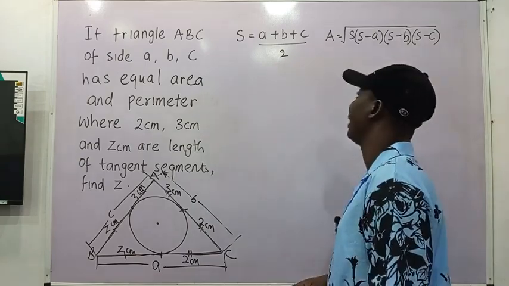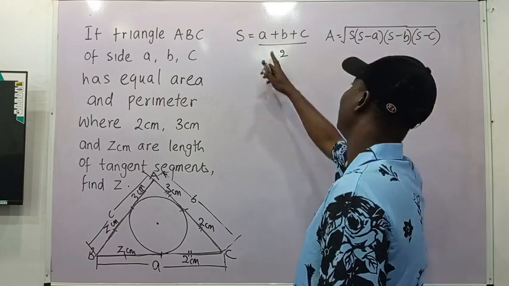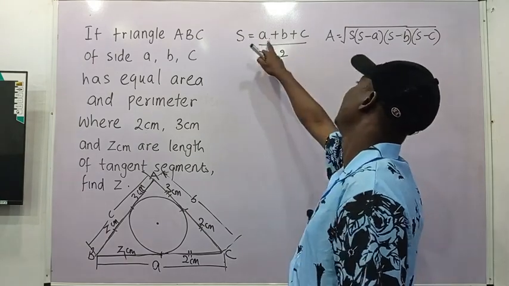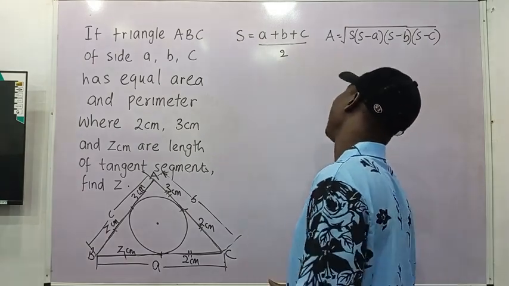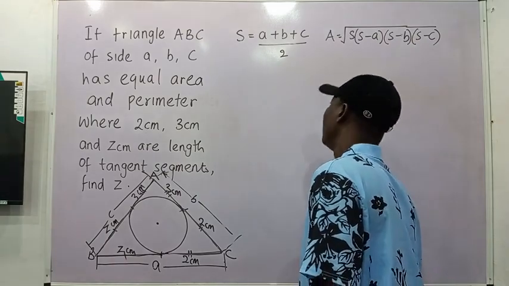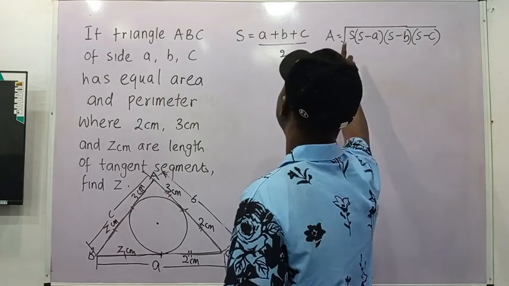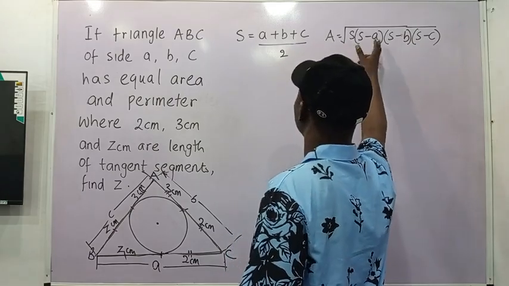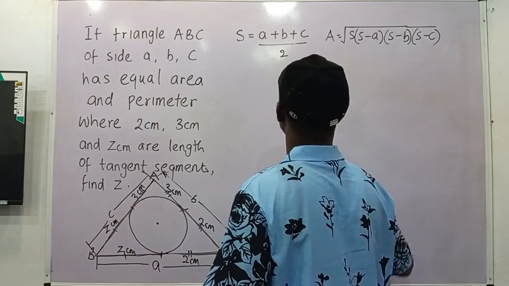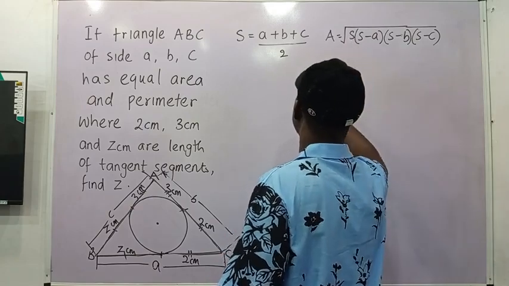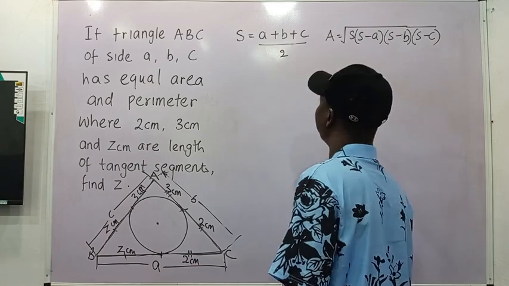So s is the total perimeter divided by 2. Then we subtract each of the lengths from s and multiply, then take the square root of everything to get the area.